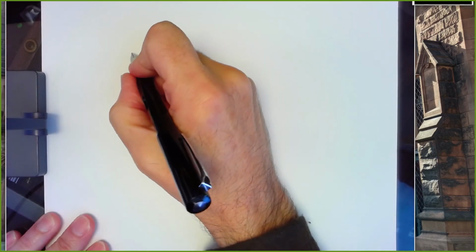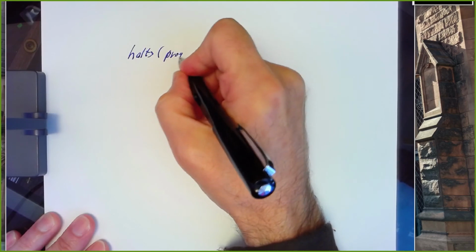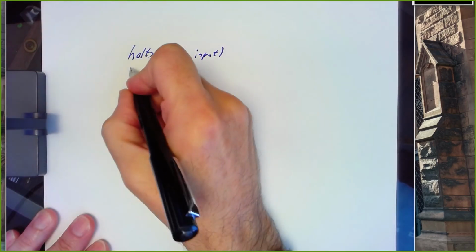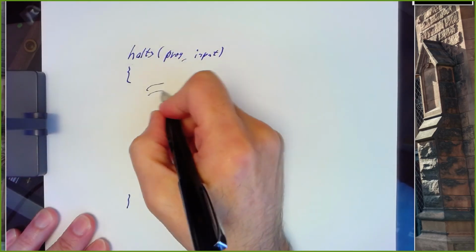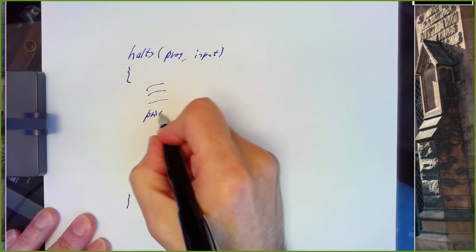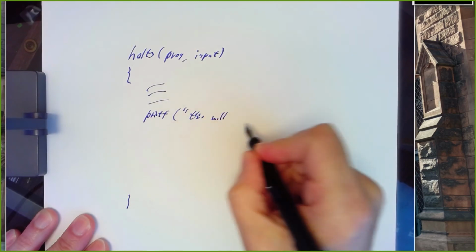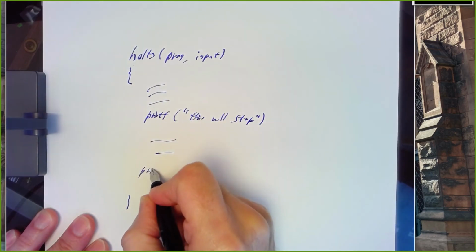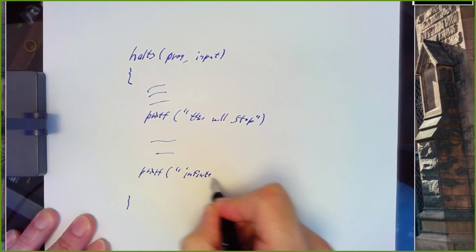So you want to write a program, halts, that takes in a program and a set of input. And, at some point, you should either print out this will stop, or at some point, you should say this has an infinite loop.